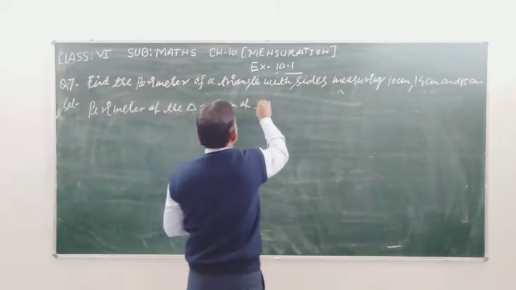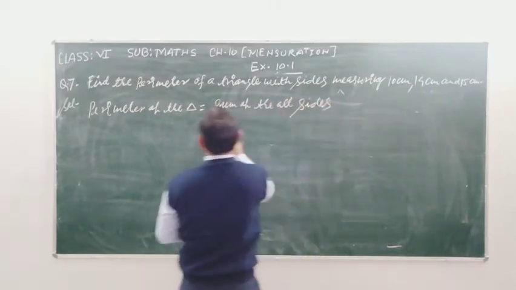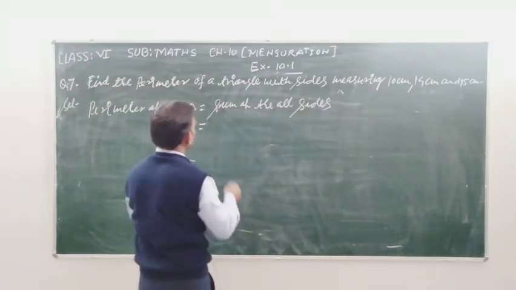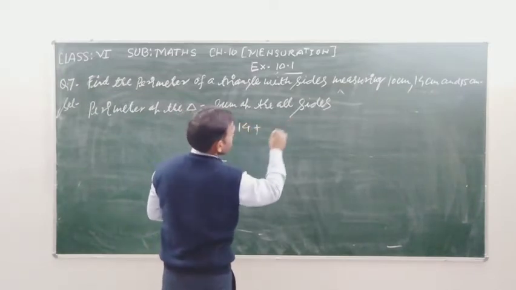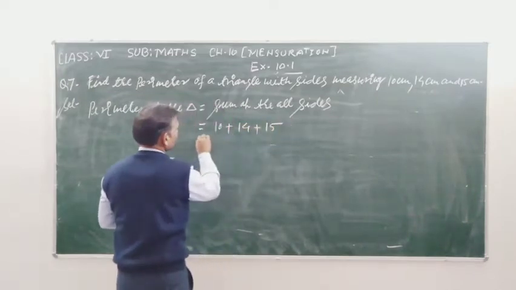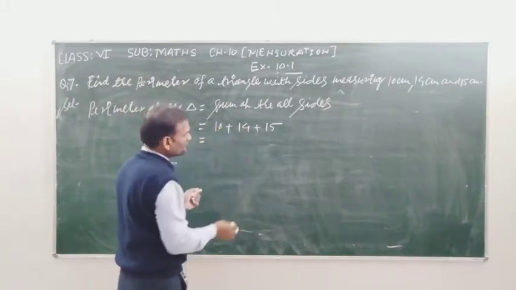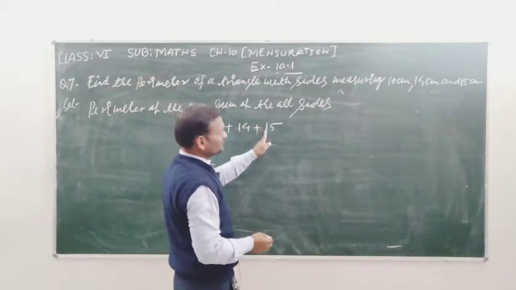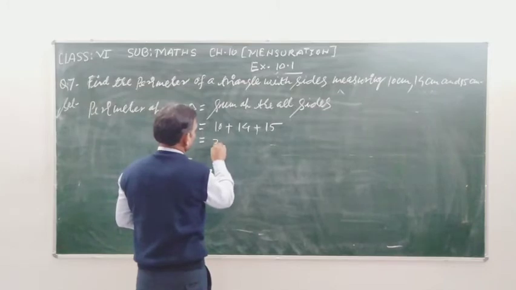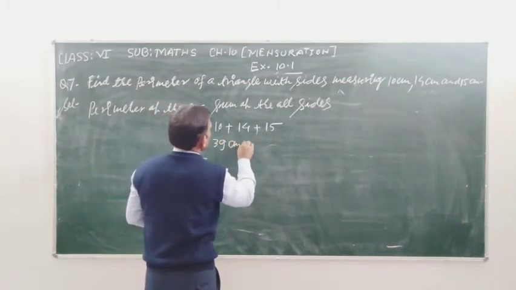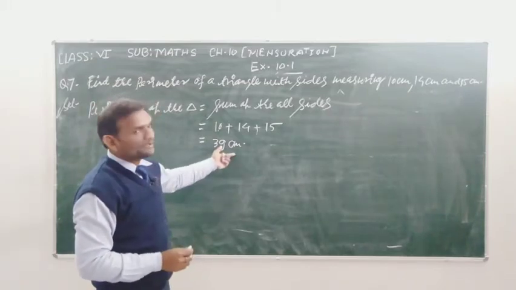So sides are given: 10 plus 14 plus 15. 10 and 14 is 24, 24 and 10 is 34, 34 and 5 is 39 centimeter.